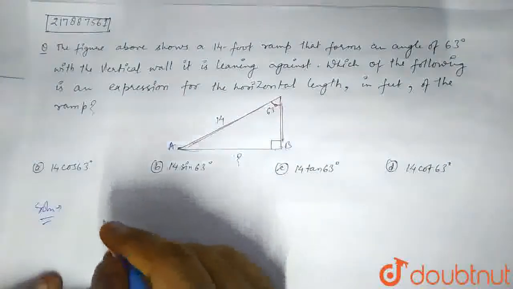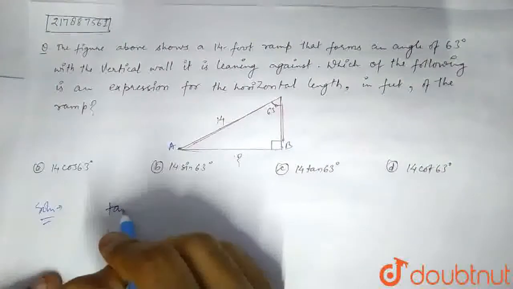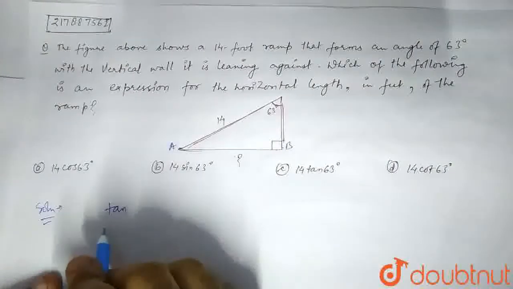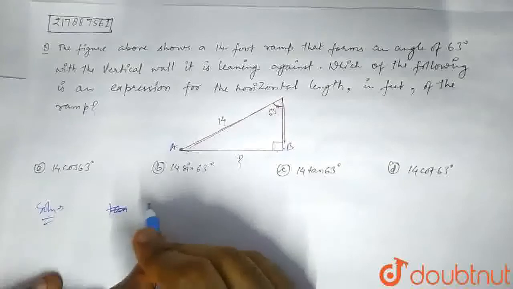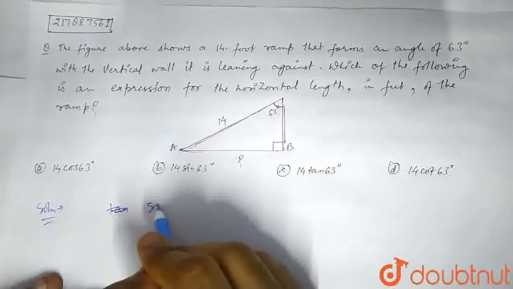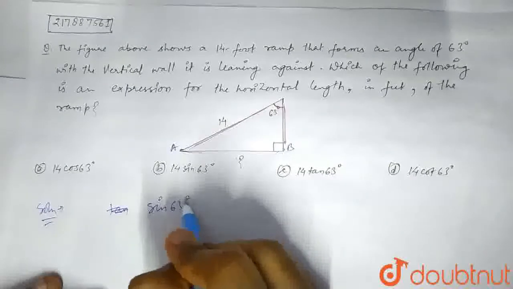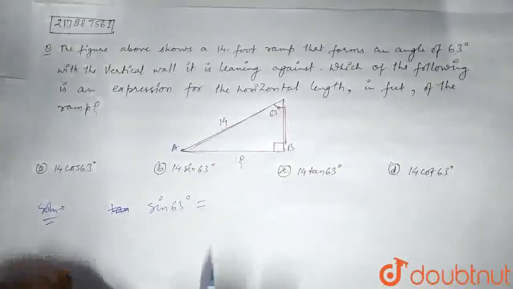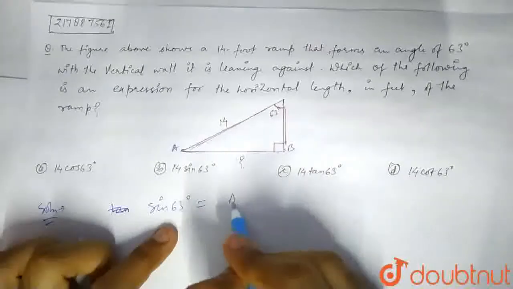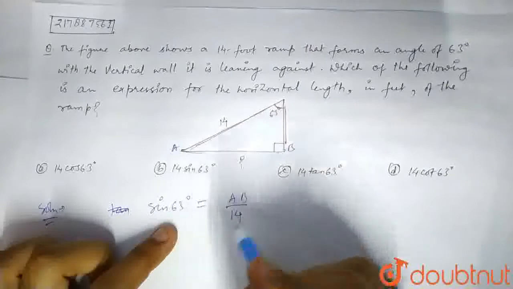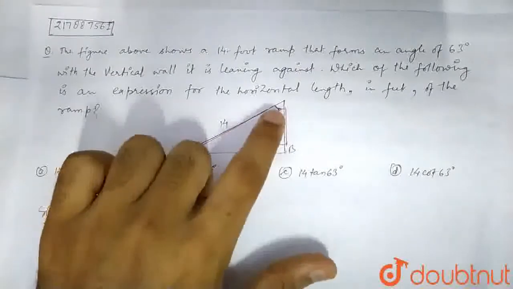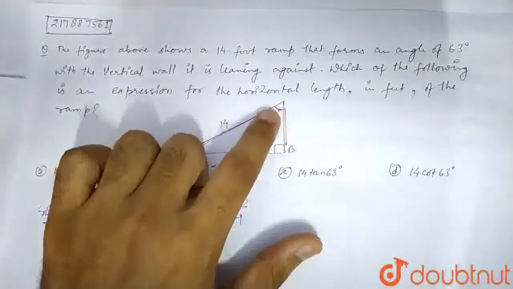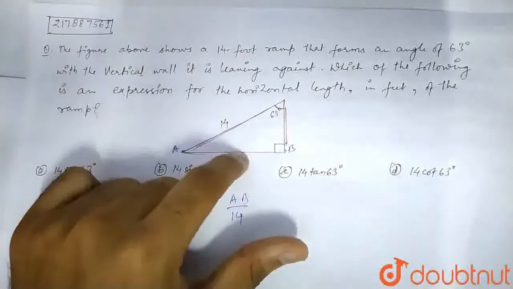Okay, so as we know that tan 60, no, it's not tan 60, it is sine 60. What is it? Sine 60 is AB by 14. As I have told you earlier, the side which is exactly opposite to the angle which we are considering will be the perpendicular.